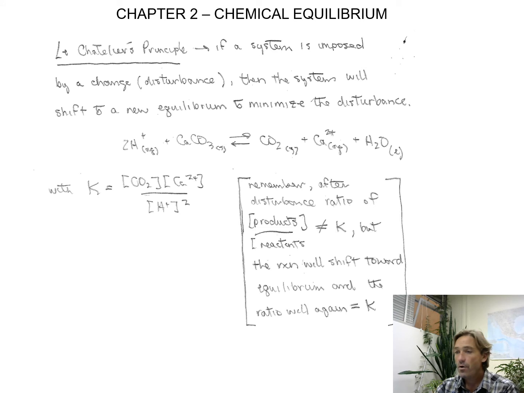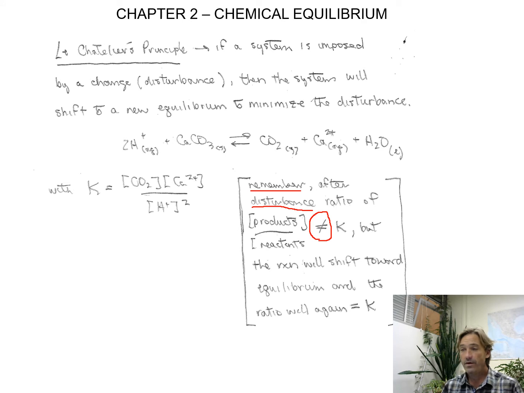And so you can imagine that if we have a disturbance, then the ratio of the products over the reactants is going to change because we're no longer at equilibrium. There's been a disturbance. That ratio is off. We either have too many products or too many reactants.